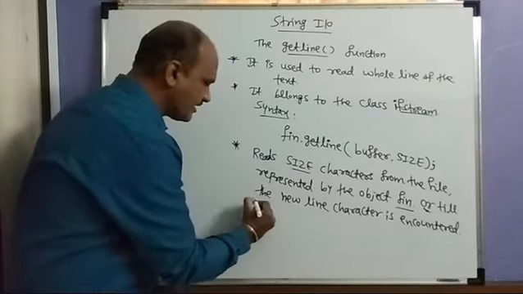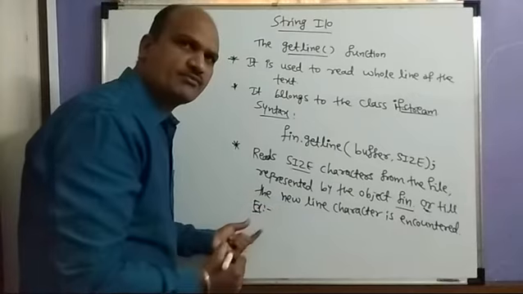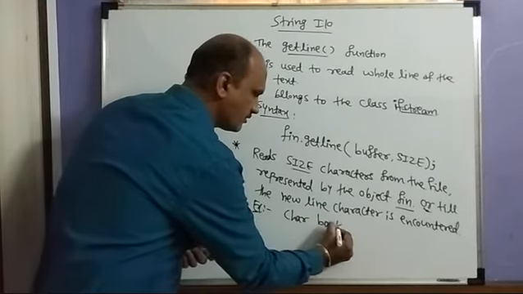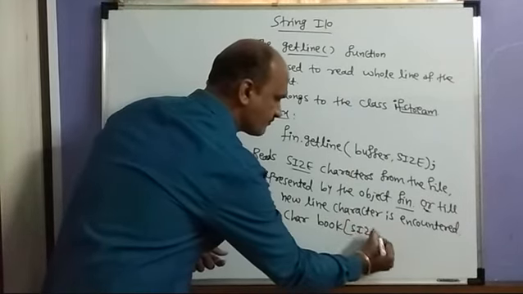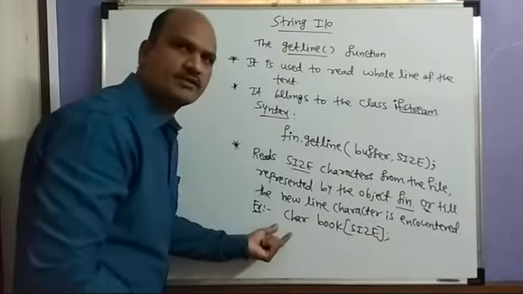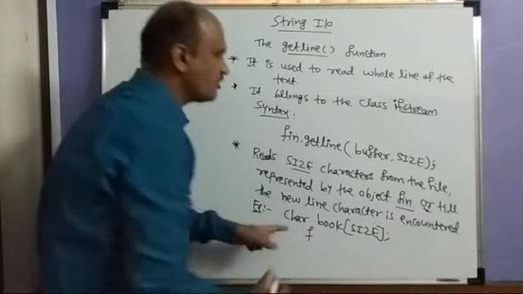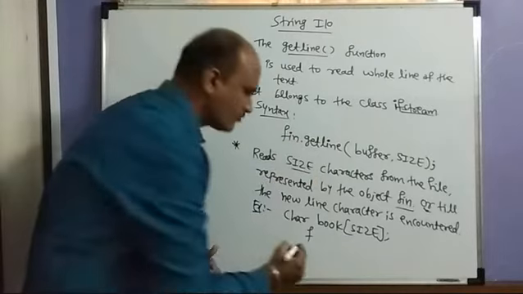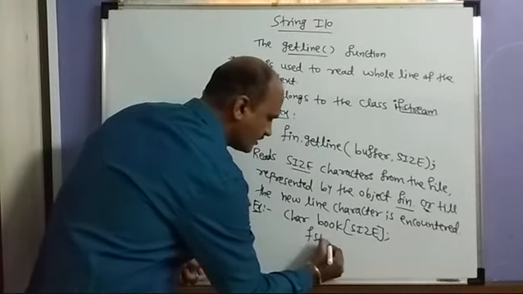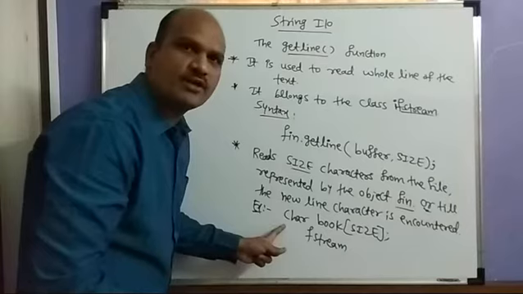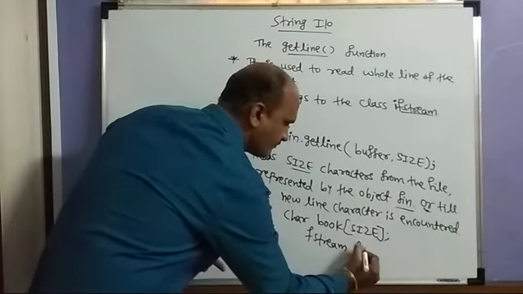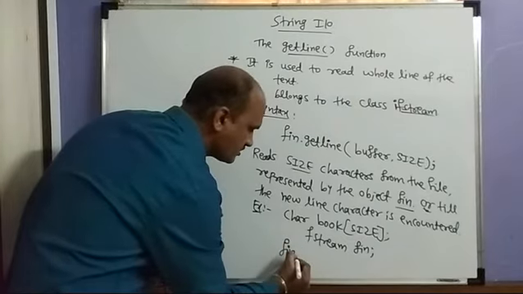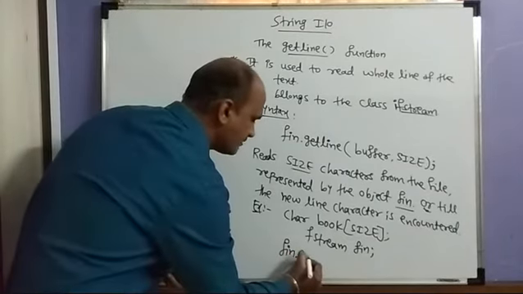As an example, if I take a character array book and the size, this belongs to the class ifstream. So we will write ifstream as we are taking fin. Then fin is an object with getLine.